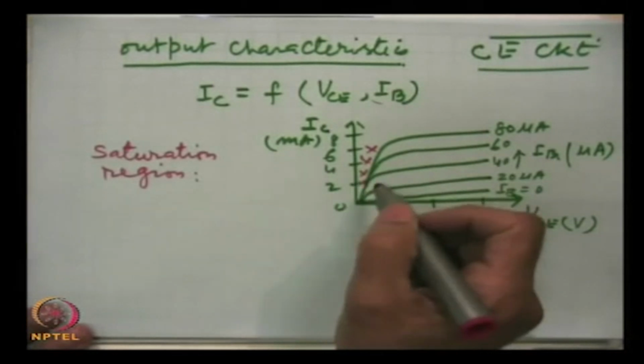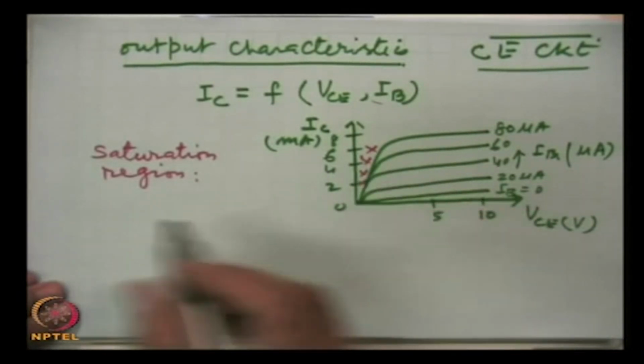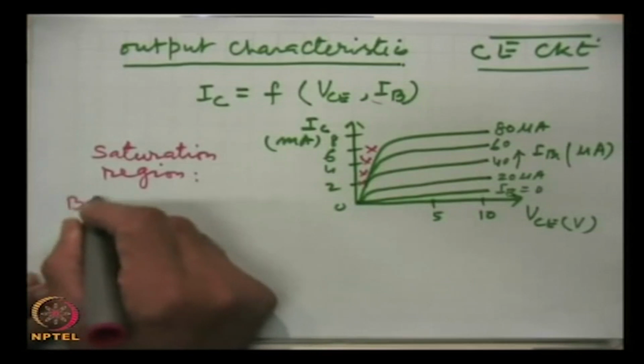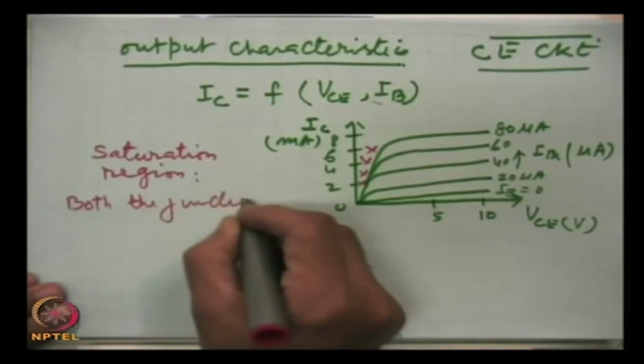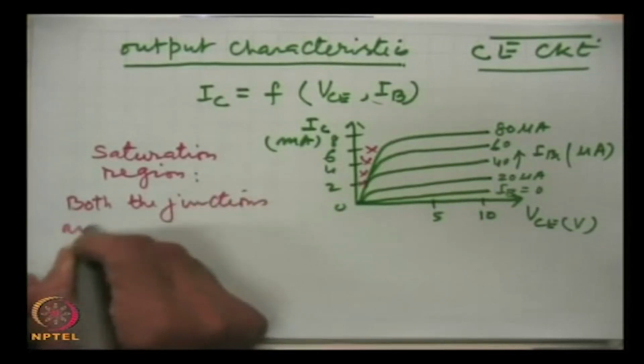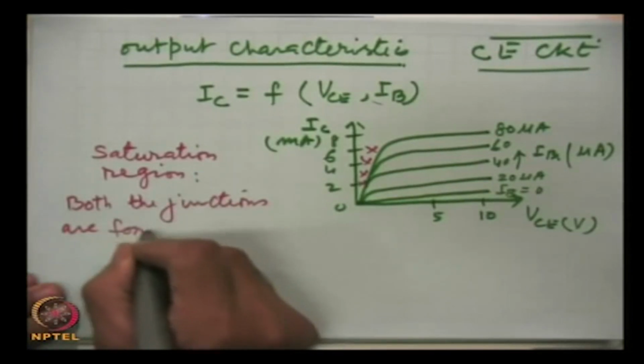Here I will show you that both the junctions are forward bias.